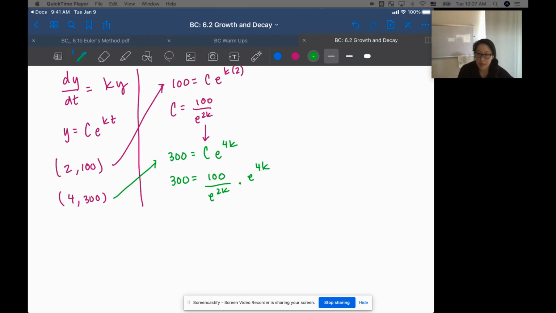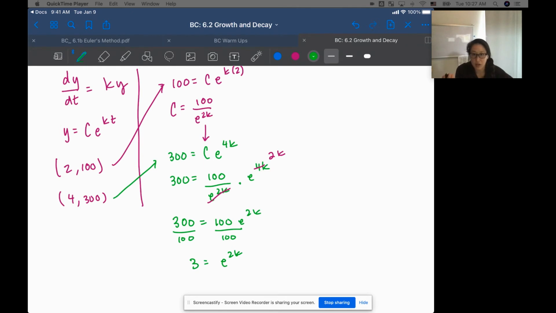And when you divide bases, you subtract exponents. So I end up with 4k minus 2k, which is 2k. So I get 300 is equal to 100 e to the 2k, divide by 100. So I have 3 is equal to e to the 2k.